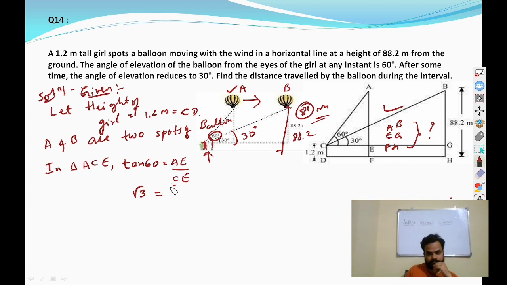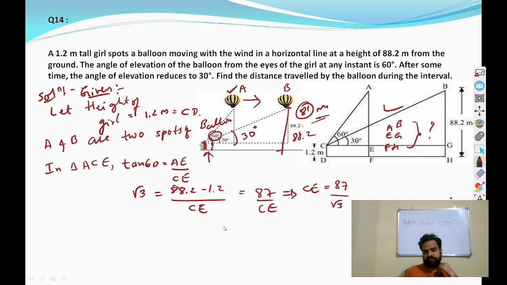AE is 88.2 minus 1.2 divided by CE. That is 87 by CE. So this implies CE is equal to 87 by root 3.